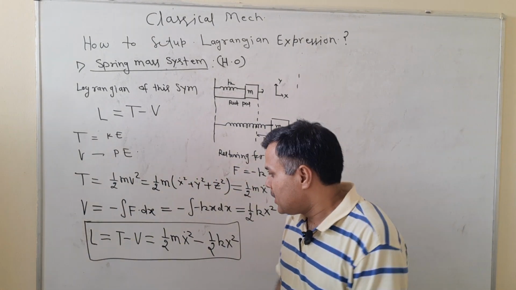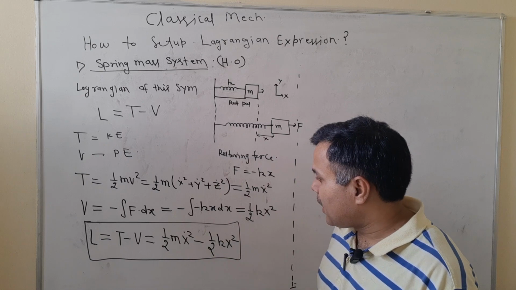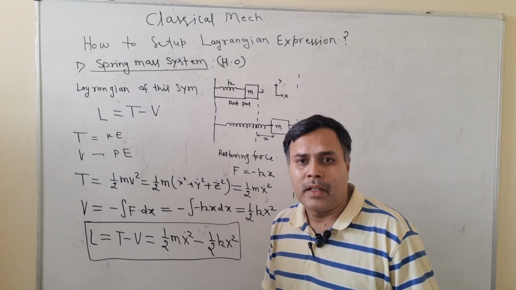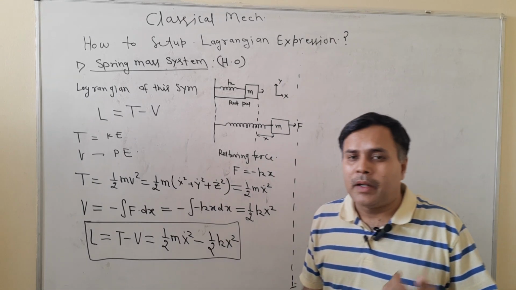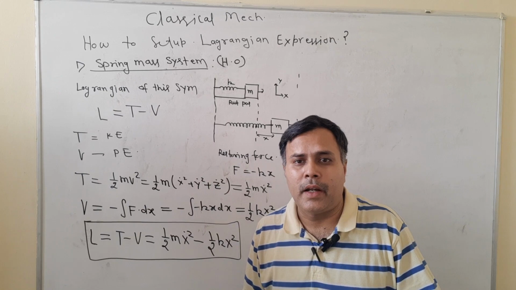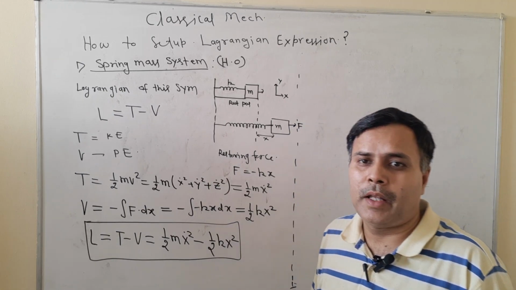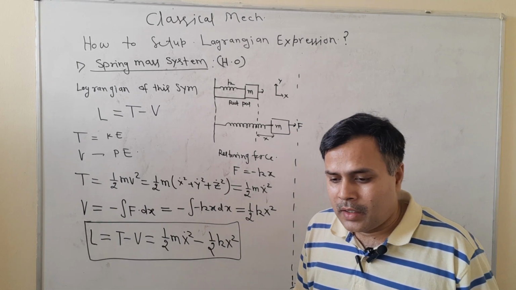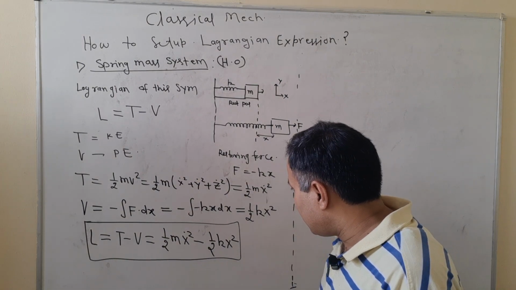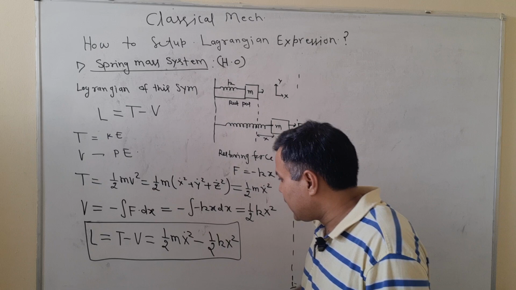Now we can check whether the given Lagrangian is correct or not. In an earlier lecture we already discussed how to check whether a given expression of the Lagrangian is correct or incorrect. So let us see how to check.